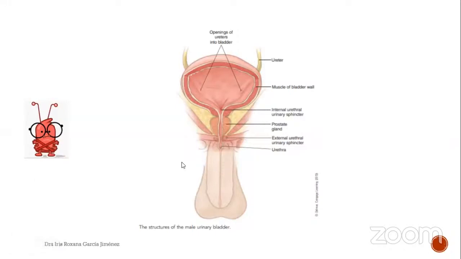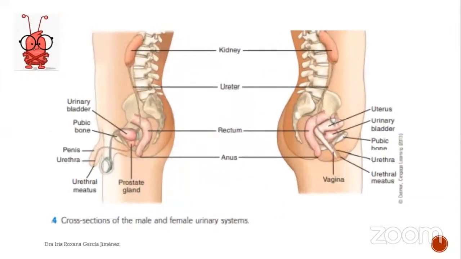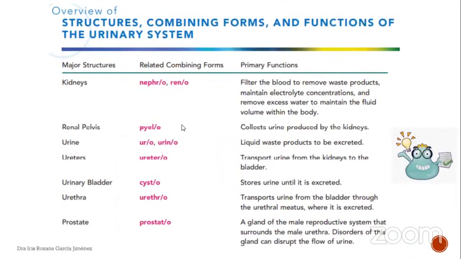So check the bladder, check all the structures that are here and are possible to find with common situations. Then we have this cross section showing us the formation of the urine, and it's going to show you the structures, all the positions of everything. So let's take this into account. Again, we have this chart showing us the biggest details.